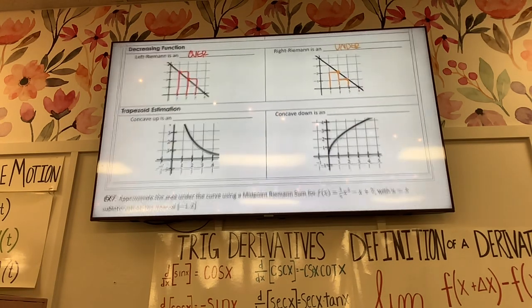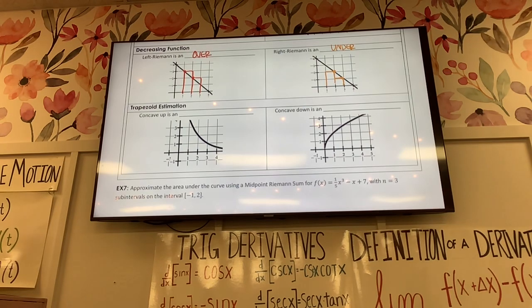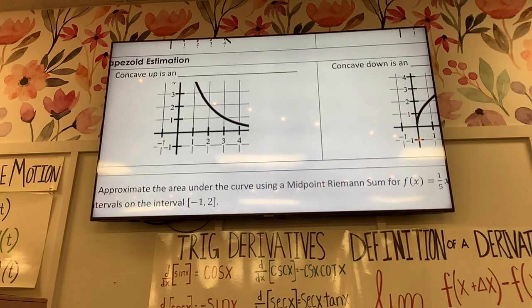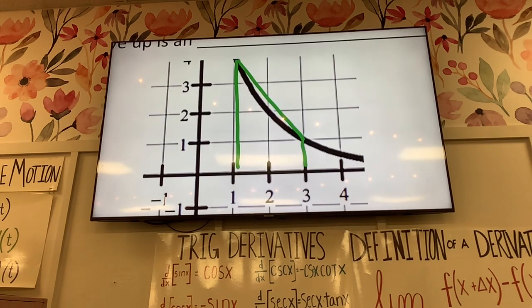All right, let's talk about trapezoids. They might ask you about trapezoidal estimation, but that deals with concavity. All right, so if you are concave up and you were to try to draw a trapezoid, are you under or over? Over.